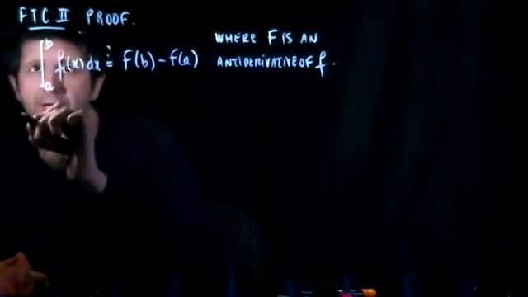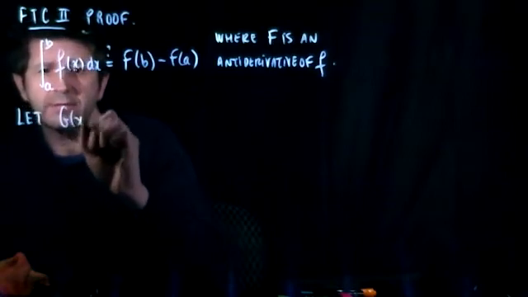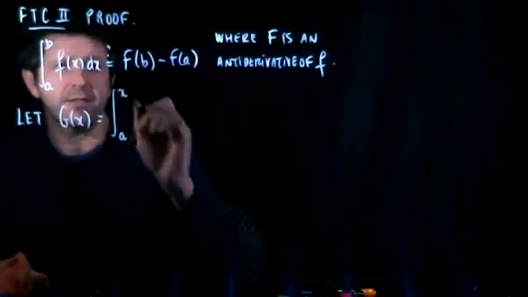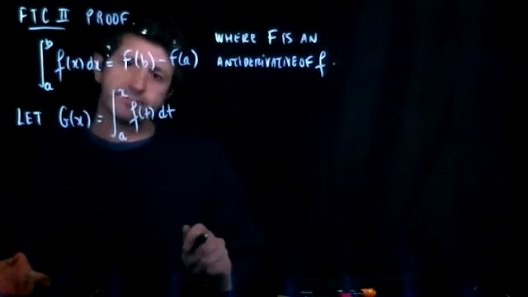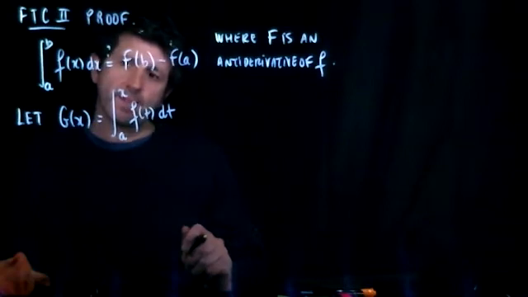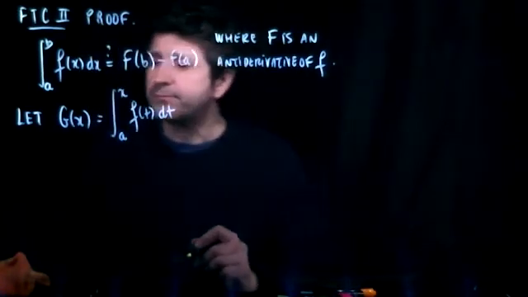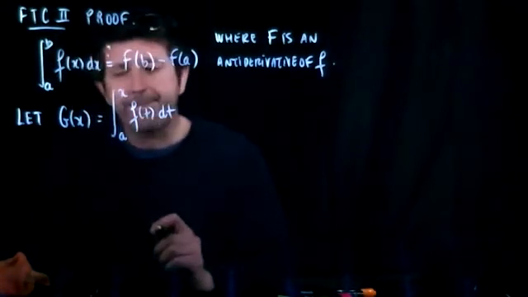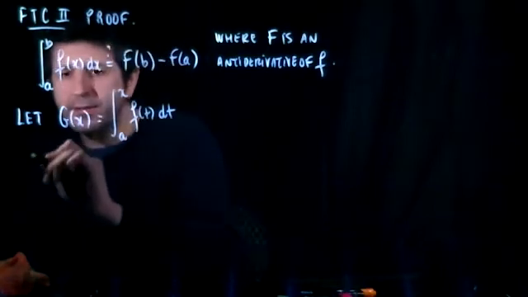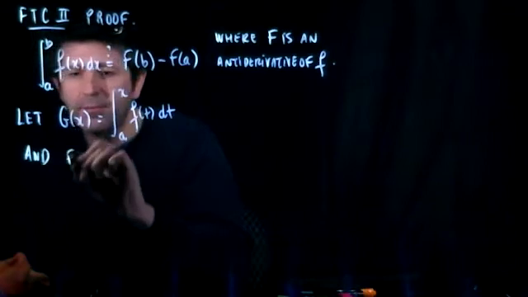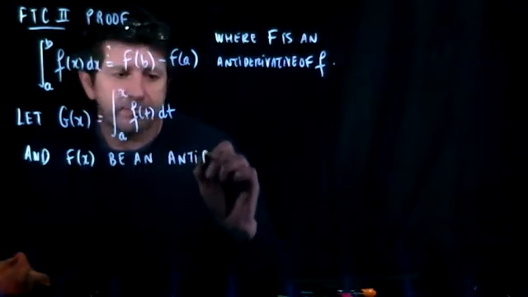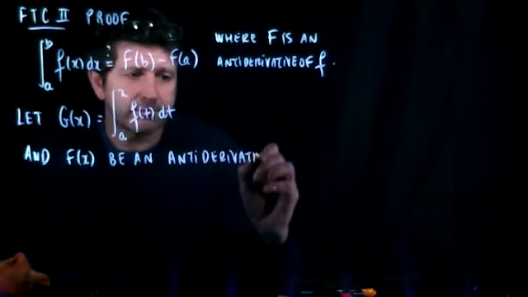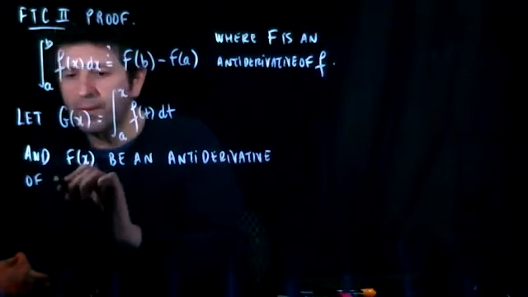So to prove it, it's very simple. Let's call big G of x the area from a to x of f of t dt, and let big F be an antiderivative of small f.